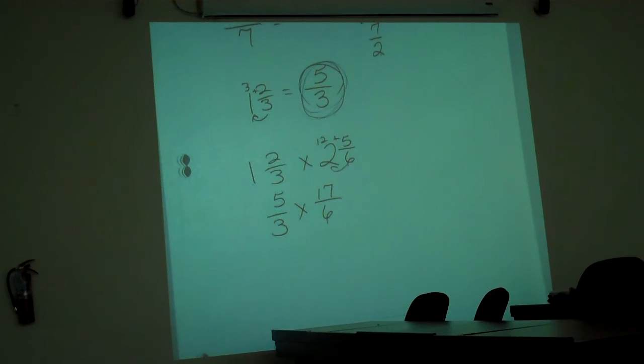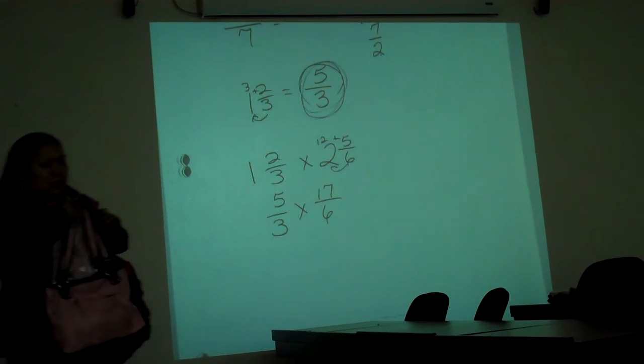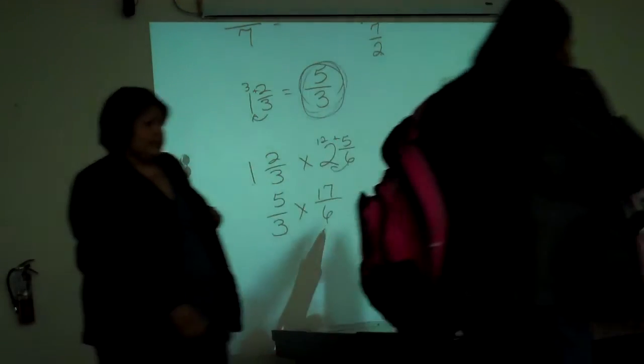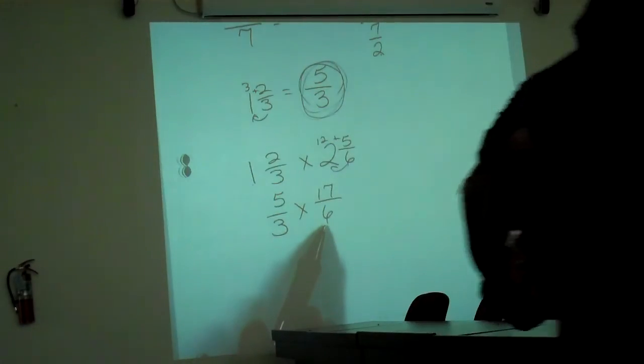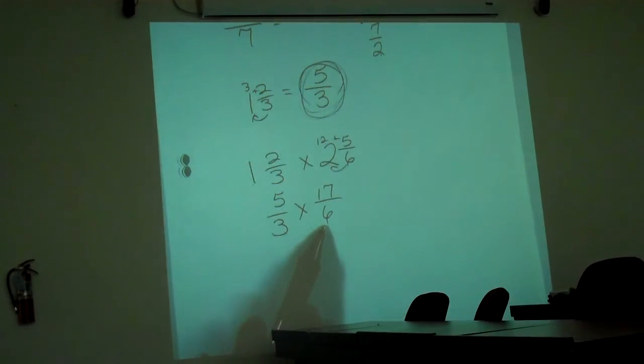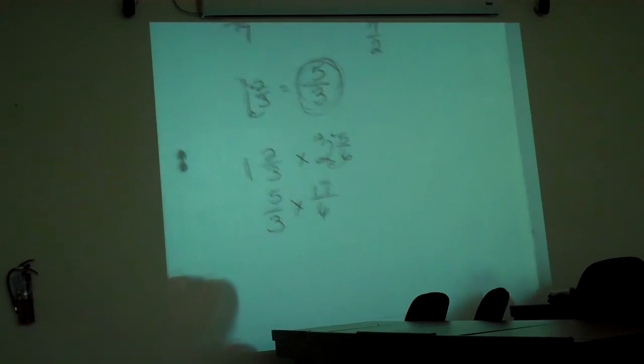And once you turn it to improper, then you just do the regular multiplication rules, which would be top times top, bottom times bottom. If there was something you could divide, like if there was a number on top you could have divided evenly by 6 or 3 or 2, you could have done that first. But right here, there's no canceling that you can do.